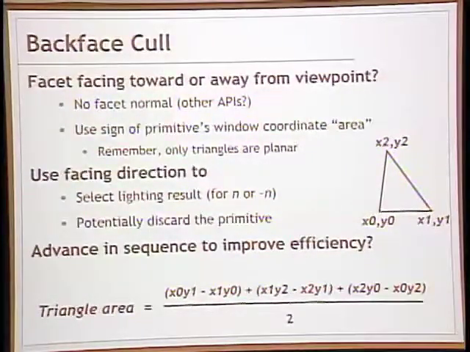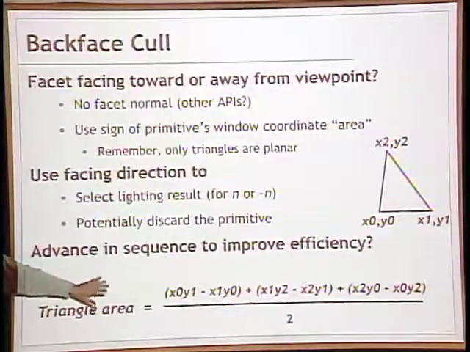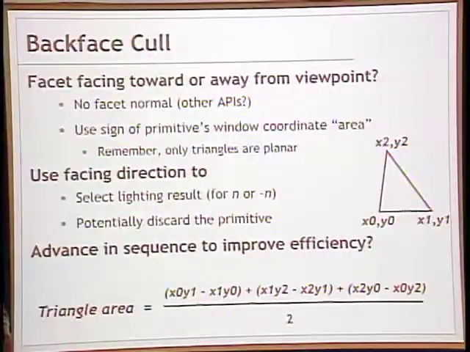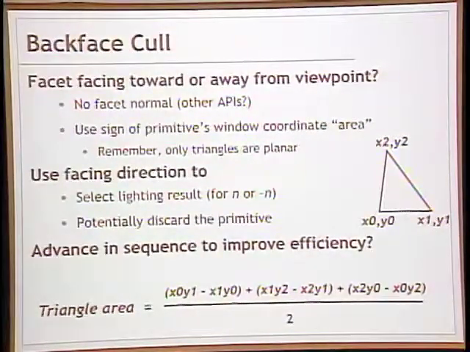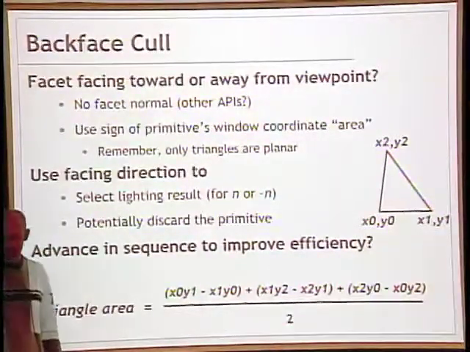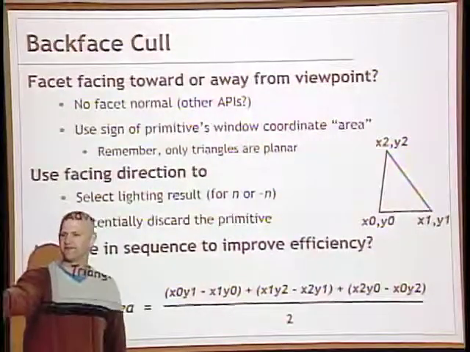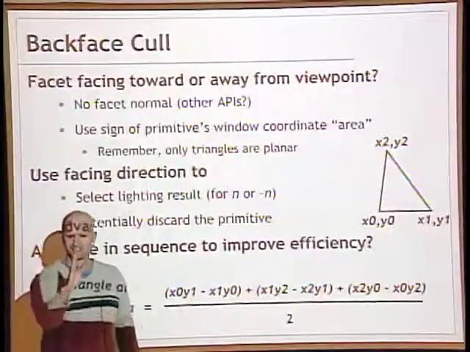What I'm saying is it's easy to calculate the area of the triangle. All we care about at this stage is the sign of this area. Is it a positive sign or is it a negative sign? What if it's 0? It's sideways.